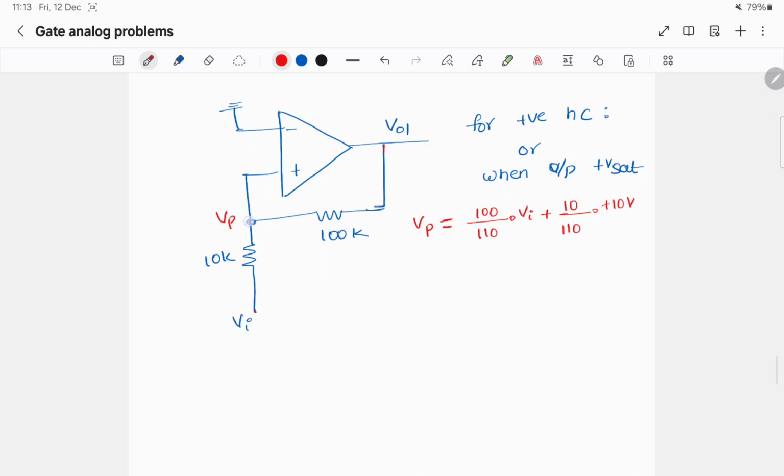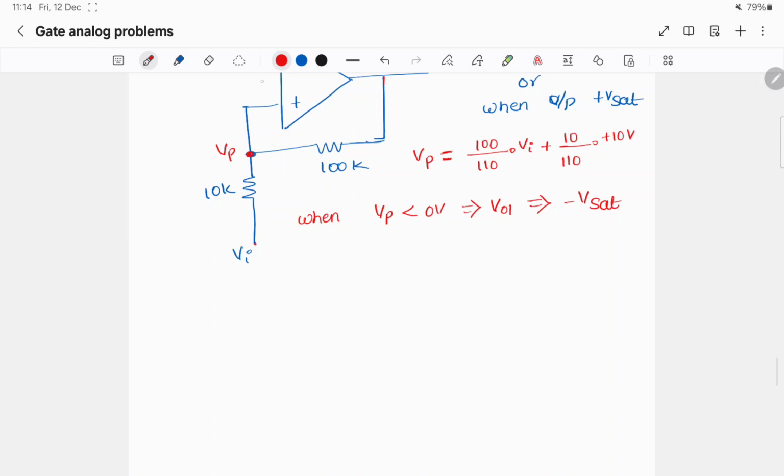So when Vp is less than 0 volts, VO1 will go to minus Vsat. So for that we will find out the value of Vi. What is the value of Vi for which output will be minus Vsat?